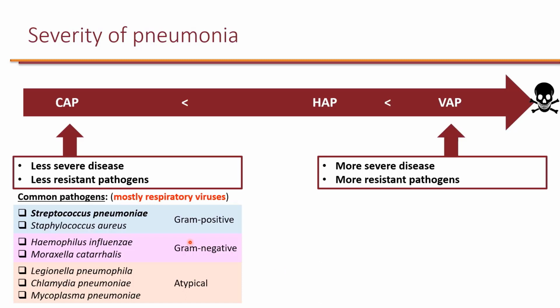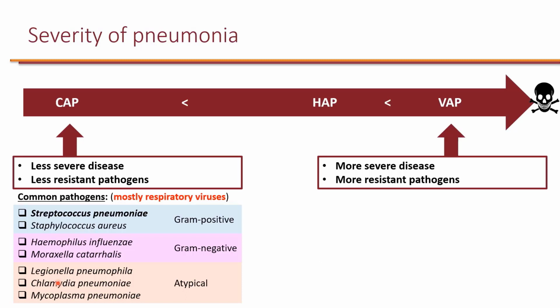There are a couple of gram-negative organisms that are likely to cause CAP, Haemophilus influenzae and Moraxella catarrhalis. Of note, these two pathogens in the United States are likely to produce beta-lactamases. So that's important to keep in mind when we select treatment. And lastly, there are atypical organisms that can cause community-acquired pneumonia, such as Legionella, Chlamydia pneumoniae, and Mycoplasma pneumoniae.